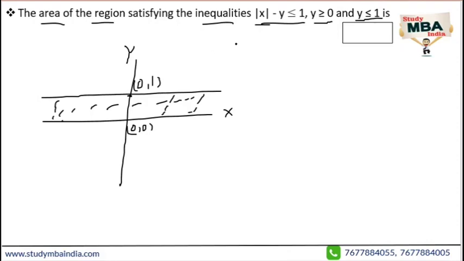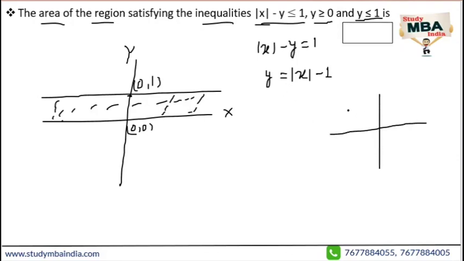Now here it says |x - y| ≤ 1. Suppose |x - y| = 1, what we get is y = |x| - 1. We know that y = |x| is a graph like this.